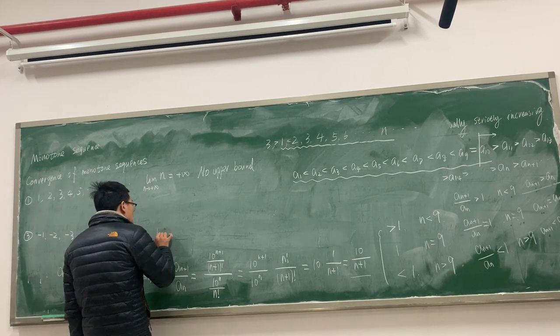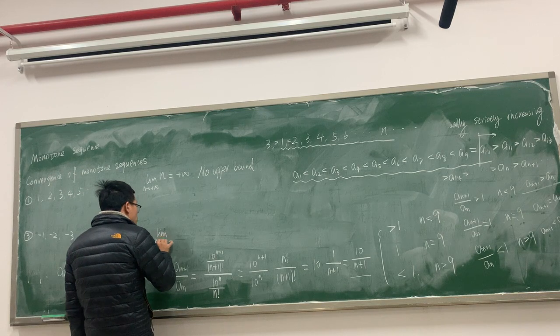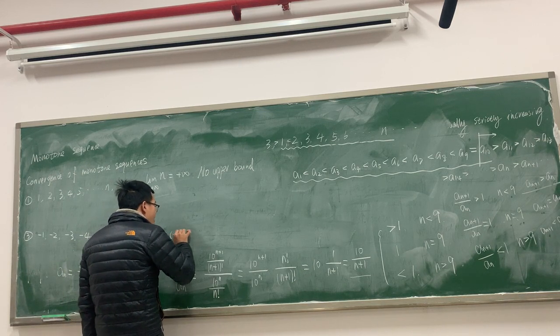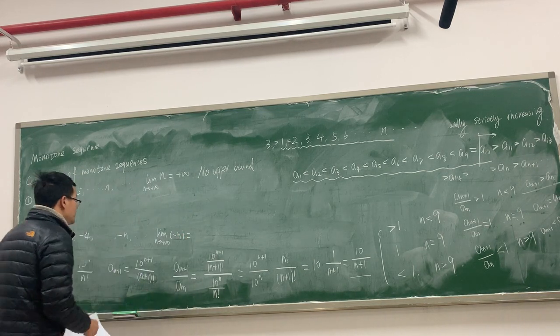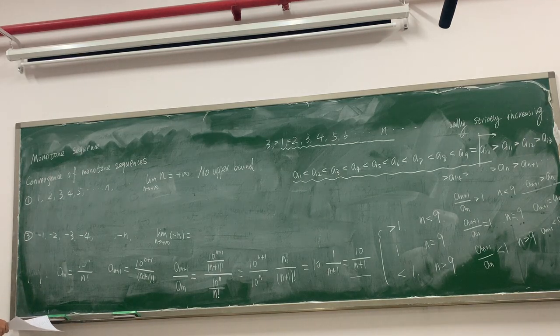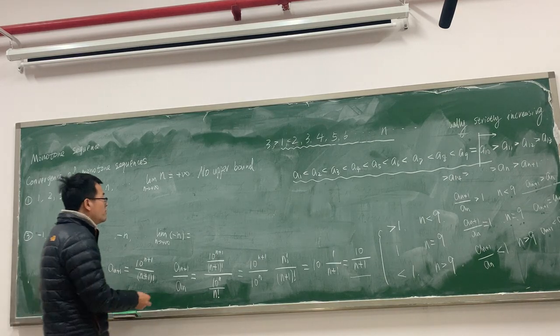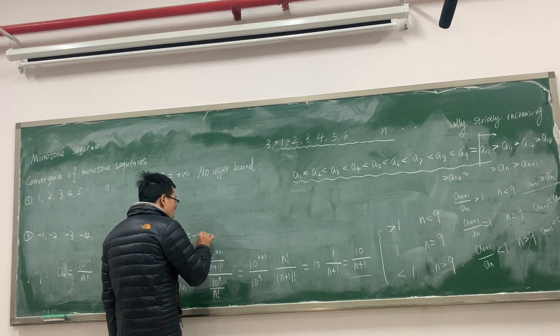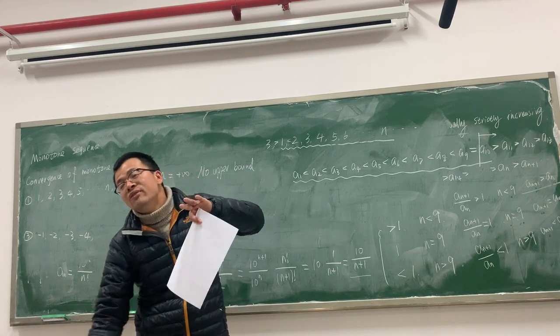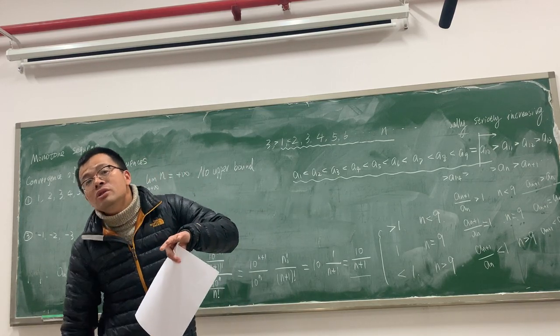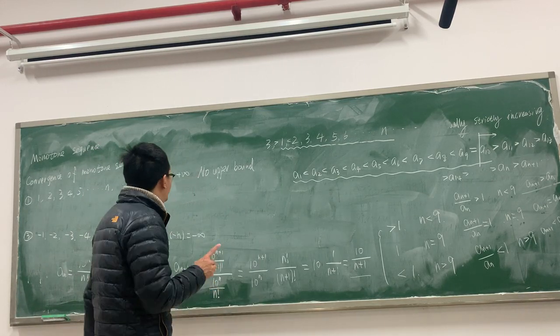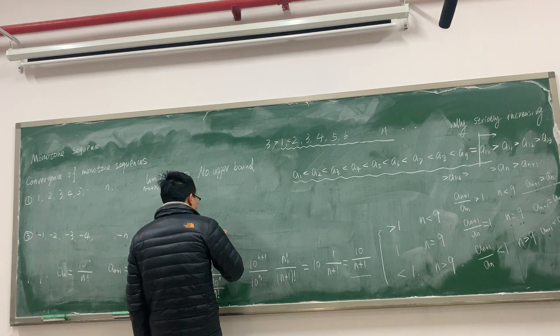It's easy to see that when n approaches plus infinity, -n will approach minus infinity. So this means we do not have a lower bound.